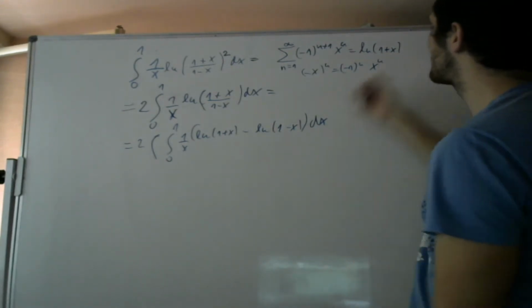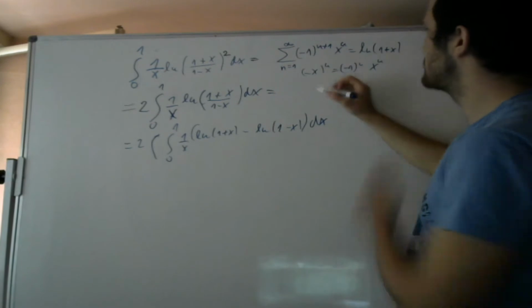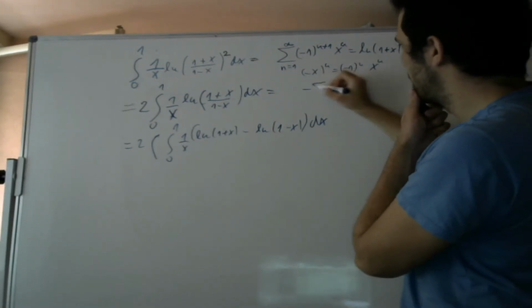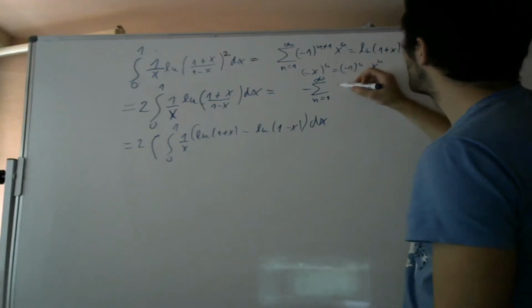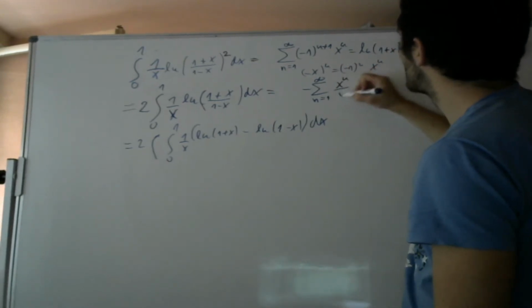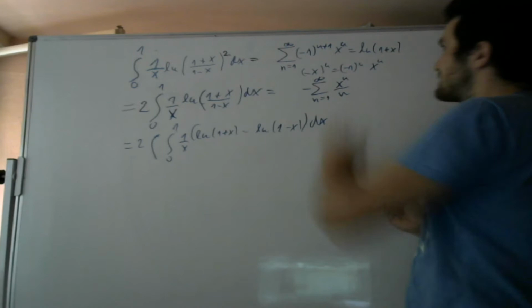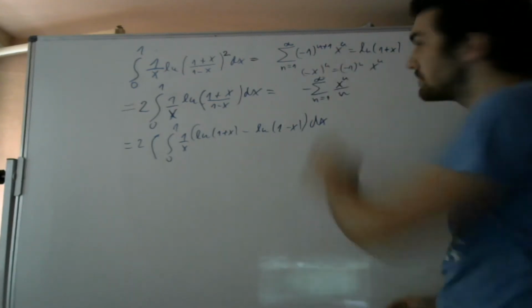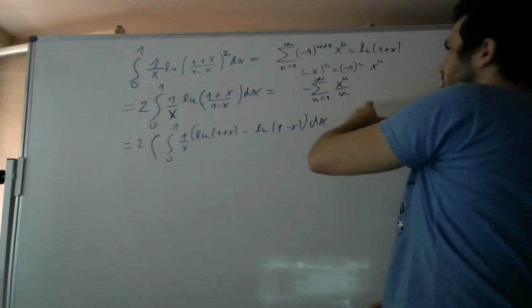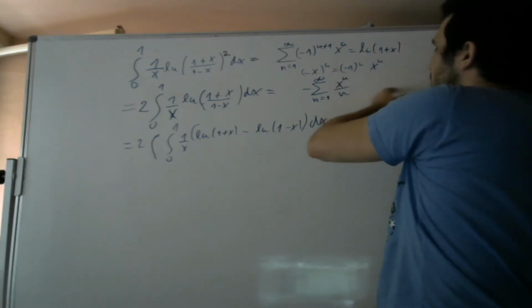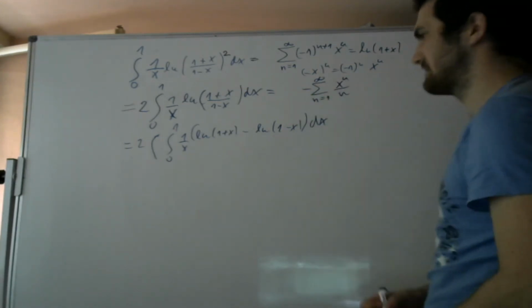When you combine these, we are left with a negative summation from 1 to infinity of x^n divided by n, since n plus 1 and n give 2n plus 1, and 2n is even, so negative 1 is left, and that's the minus.